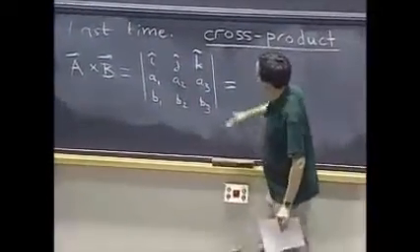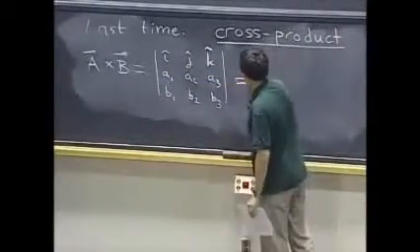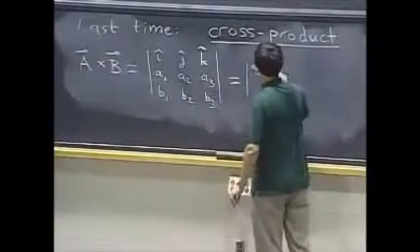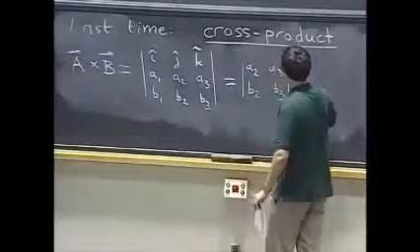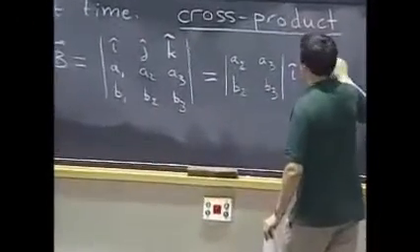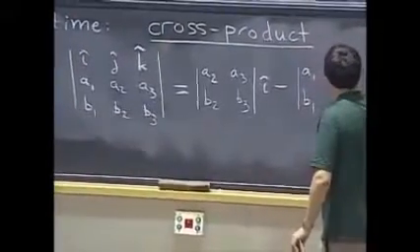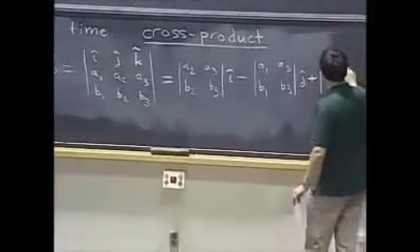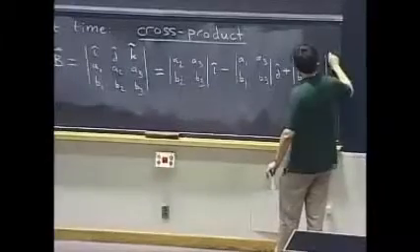The actual formula is obtained by expanding the determinant. So we have this smaller determinant, A2, A3, B2, B3 times i hat, minus the determinant of A1, A3, B1, B3 times j hat, plus the determinant of A1, A2, B1, B2 times k hat.